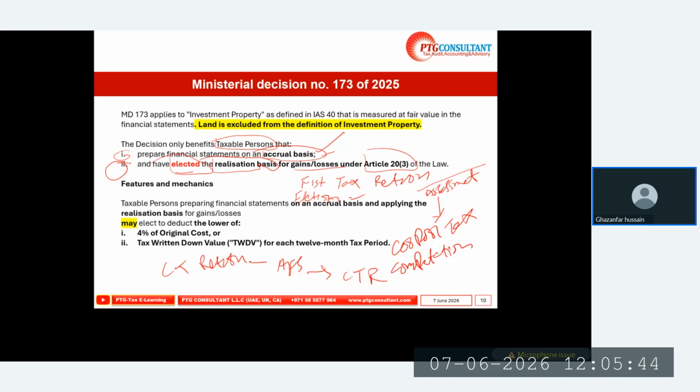Why? Because the proper assessment is not done. Maybe the information in the audited financial statement is not 100% available, or the disclosure is not appropriate, or the classification is not appropriate. This is mostly the reason big corporates separately engage a tax consultant.